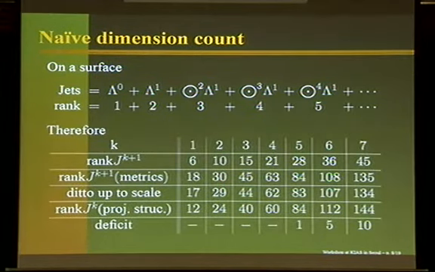Okay, so let me run through this. Here is k, and this is just the k plus 1 jet of functions, right? So this is the number of dimensions involved. If I start here, it will be the second jet of a function.